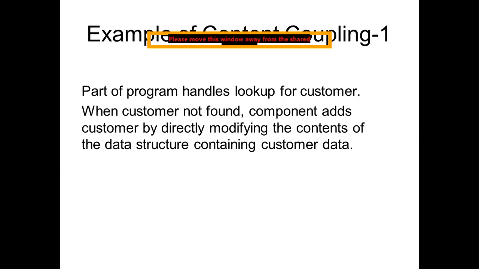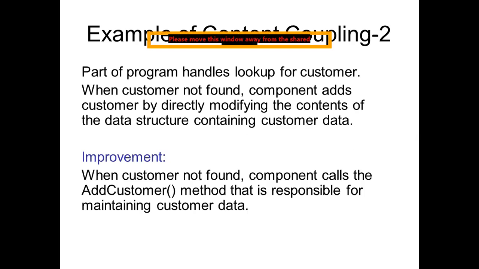If the user wants to change the data or the program of another component, we can easily add new functions to it, or update or modify it. This is one example of content coupling.